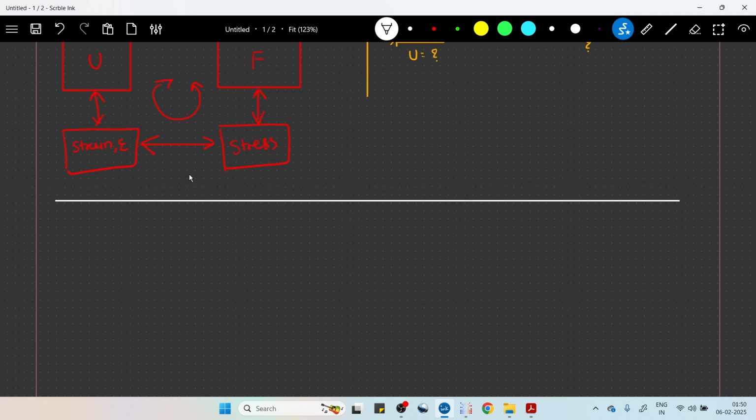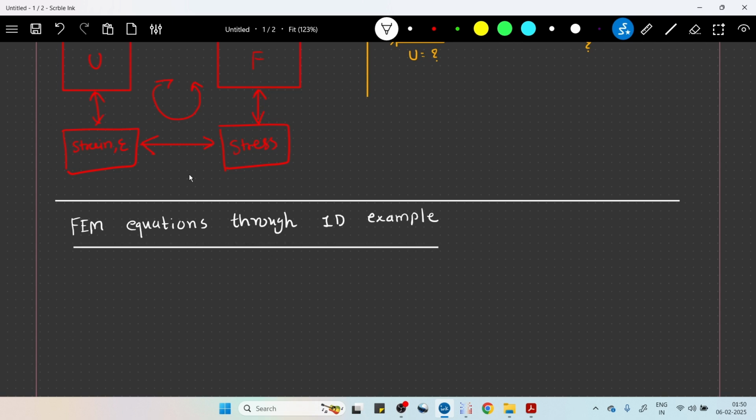Now let's try to understand FEM equations through a 1D example. Why a 1D example? It is very easy to understand any concept with 1D.